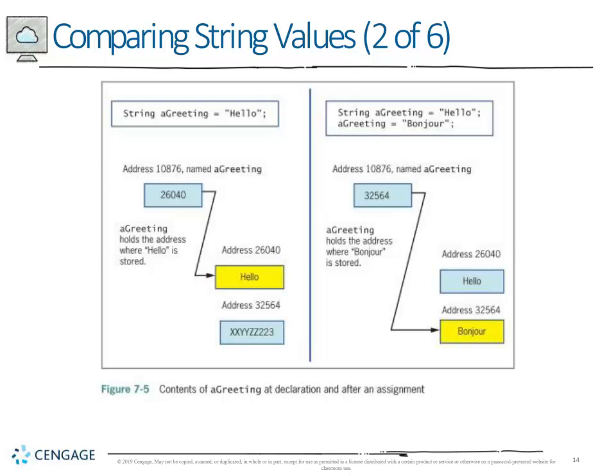If we assign Bonjour to aGreeting, Bonjour is stored at the address 32564. So after the assignment, aGreeting will contain the new address where Bonjour is. It's 32564.